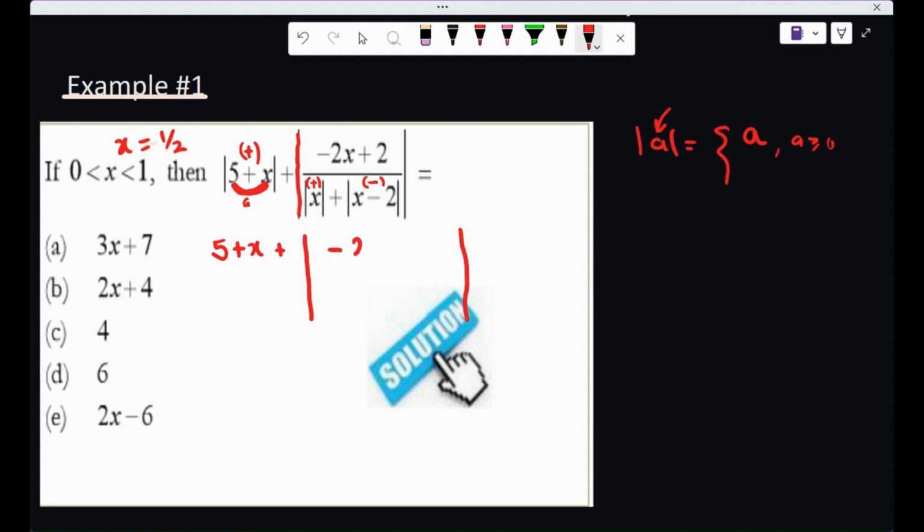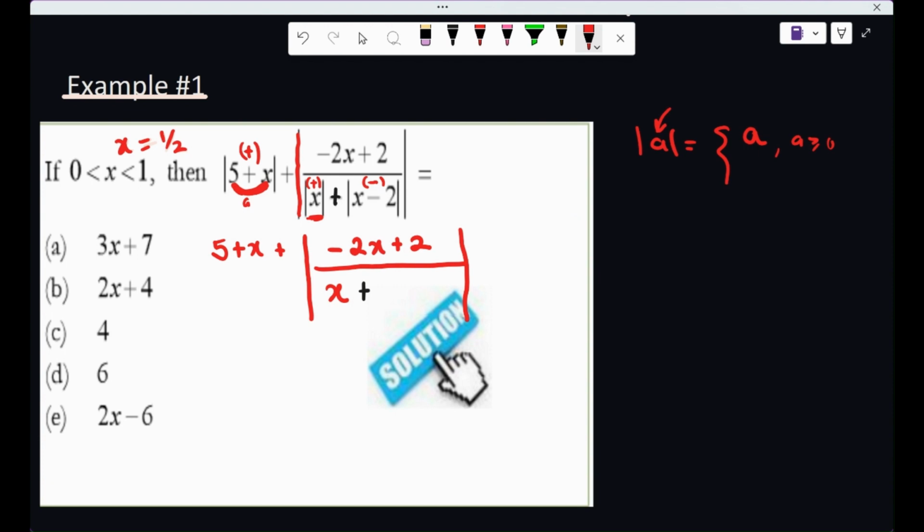Now we still have minus 2x plus 2 divided by what? Here also, since the x is positive, we can just bring out x without any negative. Now if you look here, this is x minus 2. x minus 2 is negative by quantity.